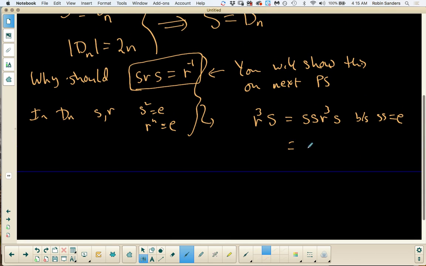So that doesn't change anything. Well, now what I can do is I can look at s r r r s. That's just breaking apart what r cubed is. And now I'm going to stick in a whole bunch of extra s's.